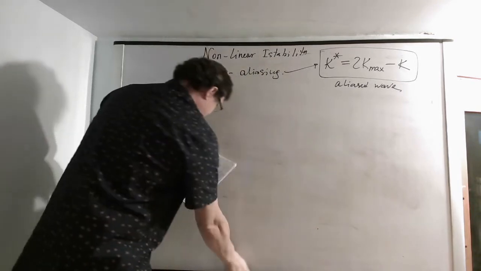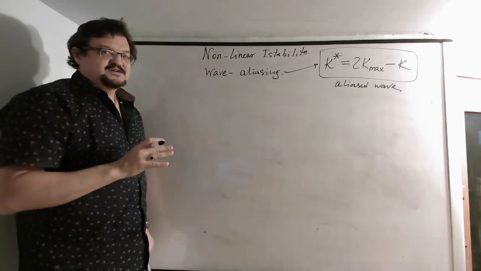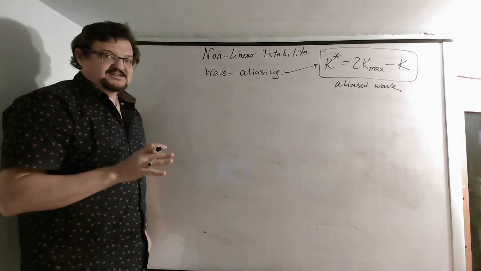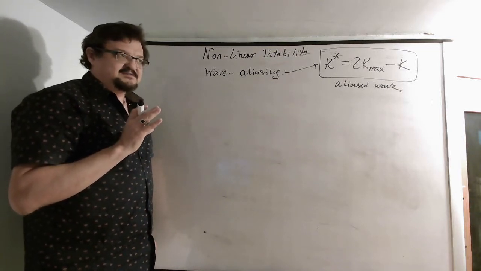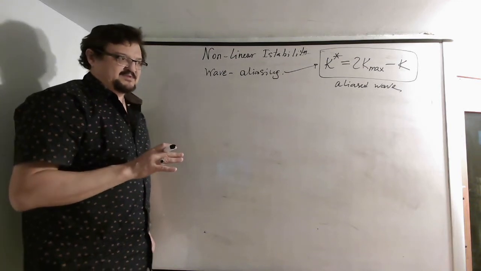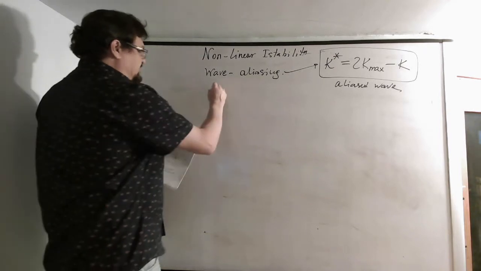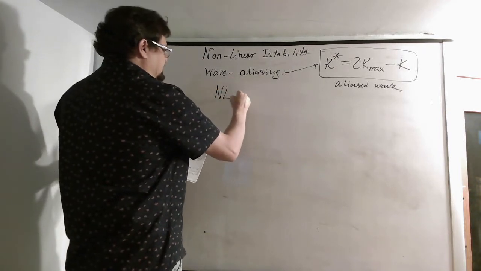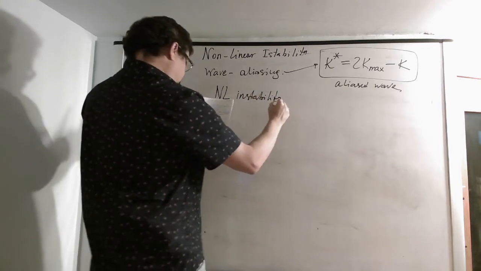Obviously, you need somehow to control 2 and 4 delta x waves. Try to make their amplitudes smaller. So try to remove energy from them, for example. That's one of the remedies. So, nonlinear instability, some remedies.